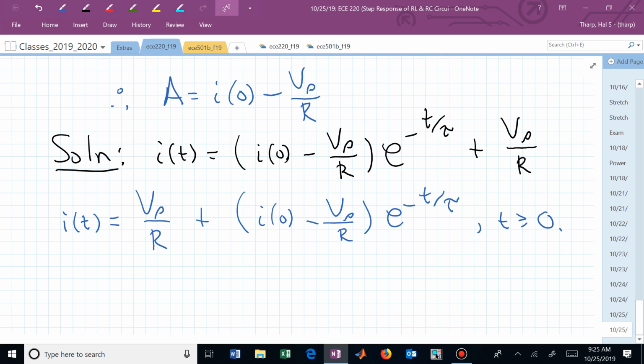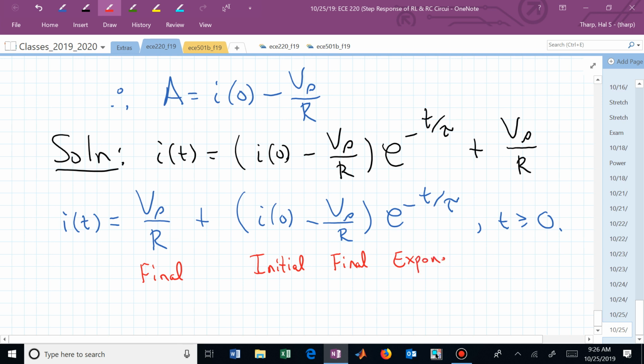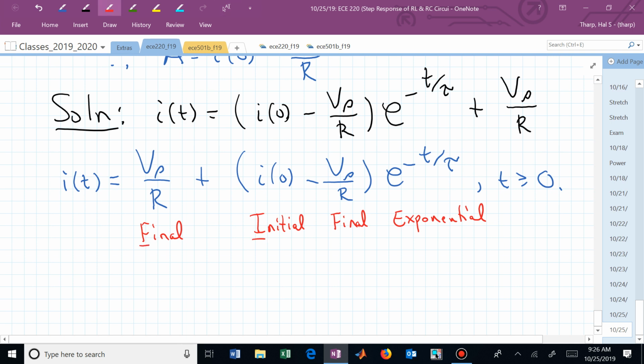And what you can maybe see is that here is our final value of the current. Here is our initial value. Here is our final again. And then we have this exponential, which means if we just extract the first letters of those 4 words, final, initial, final, exponential, we have a mnemonic way of recalling or remembering the complete solution for a step response RL or RC circuit.